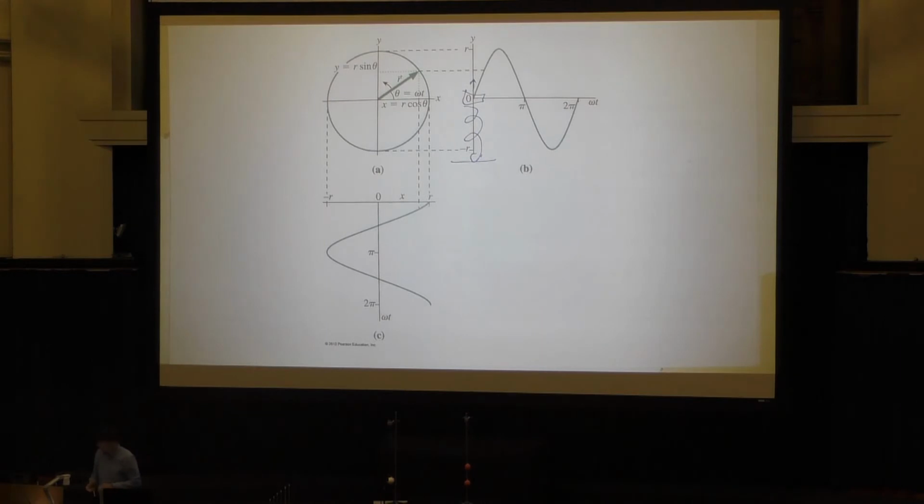Sort of cool coincidence. Okay. And that's why you use the same omega in radians per second for both things, even though they're very different. Is that math-wise they're the same.